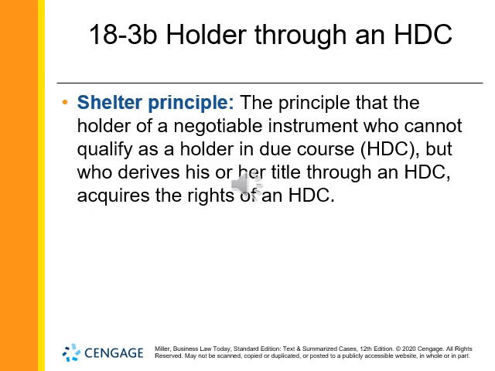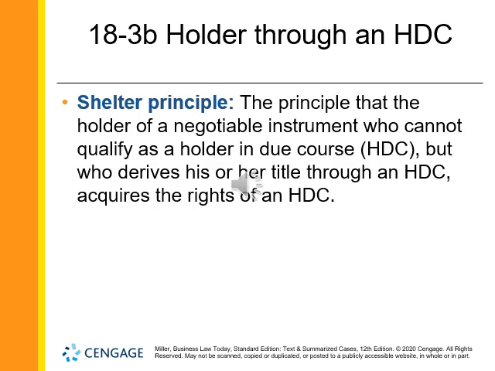The shelter principle. Basically, this is how to establish being a holder through an HDC. A person who does not qualify as an HDC can, nonetheless, acquire the rights and privileges of an HDC if he derives his title to the instrument through an HDC.